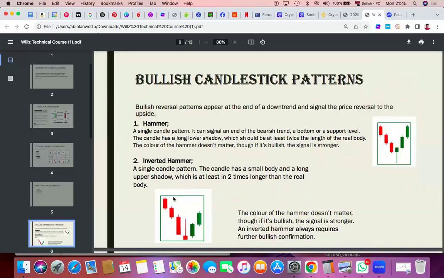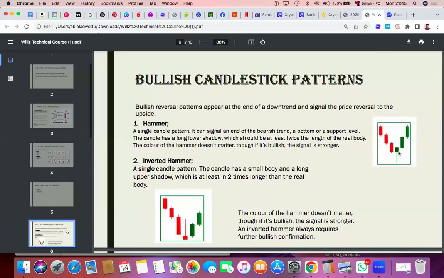Continue. Okay. So in this case, the first pattern that we'll be talking about is the bullish reversal pattern, which appears at the end of a downtrend and signals a reversal to an uptrend. So a hammer: if you see this pattern here, you would see three consecutive down candles, and then you will see a hammer here.